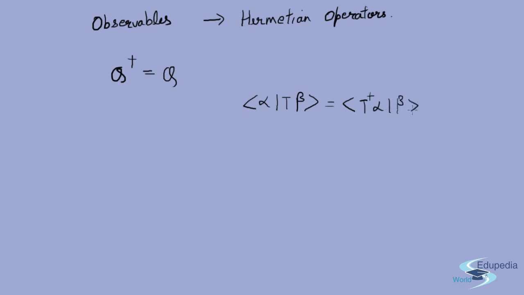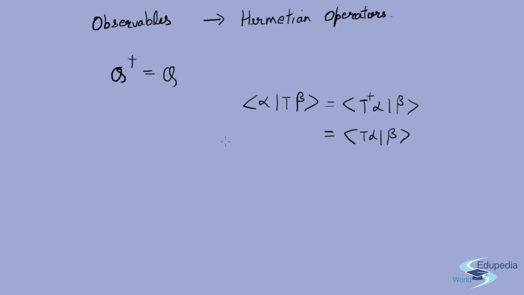This is true for any function. But in this case, if it's Q, Q dagger is equal to Q, or T dagger is equal to T, which gives us T alpha with beta. So the Hermitian operator is an operator such that when you take an inner product, it doesn't matter whether you apply it on the first function or on the second function, it gives you the same result.